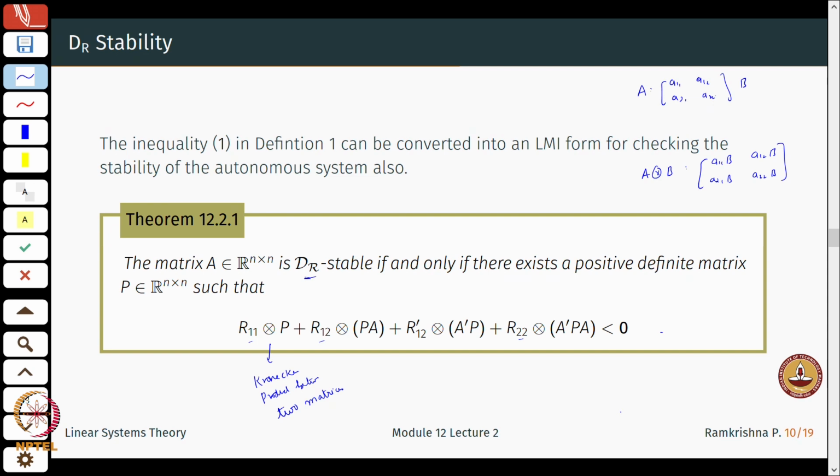Okay, so this is the LMI that we would be interested in solving. We can also formulate the problem of what if the answer to this LMI is no. So for example, I ask a question: given an A, is it D-R stable?